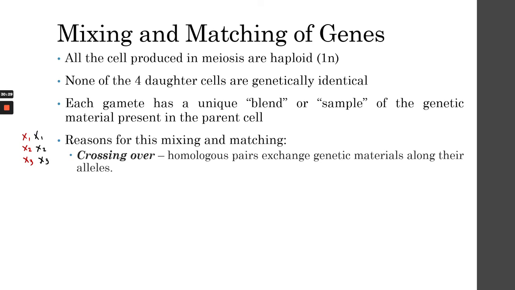For example, the color of the eye: the chromosome 1 that comes from the mother, the chromosome 1 that comes from the father actually also codes for the same eye color. So, depending on which one is the dominant, that becomes the color of your eyes.